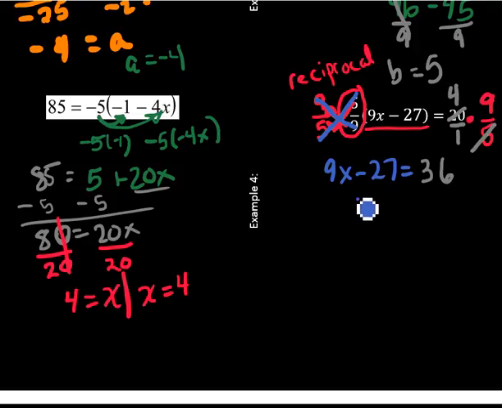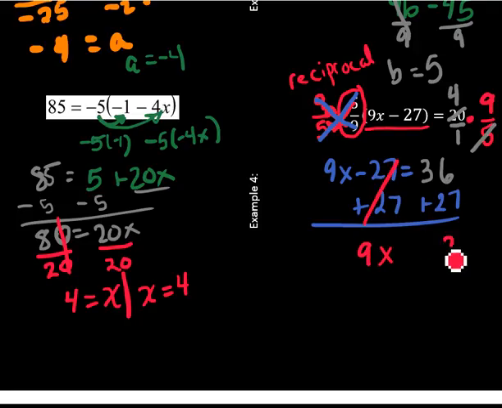So I'm going to add 27 to both sides. Okay, so we get 9x. That eliminates. 6 plus 7 is 13. Carry the 1. 1 plus 3 plus 2 is 6. And then I get 9x equals 63. So I divide by 9, and x equals 7.